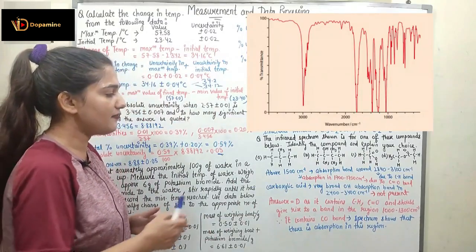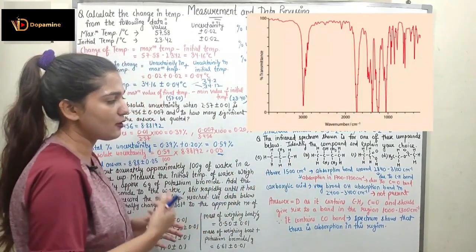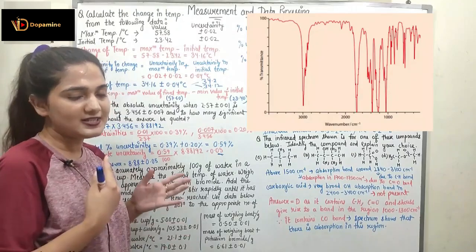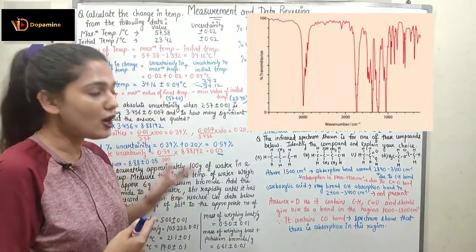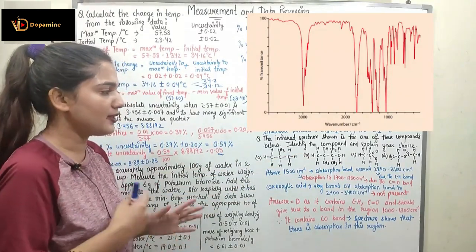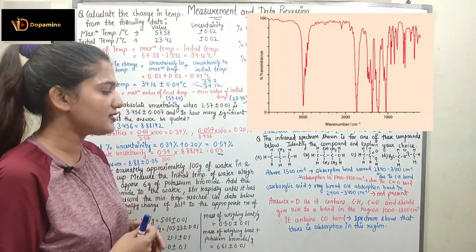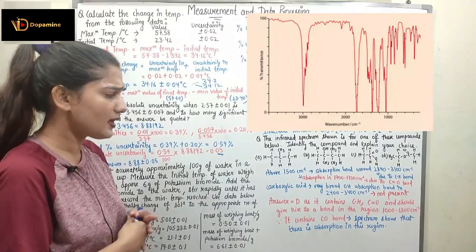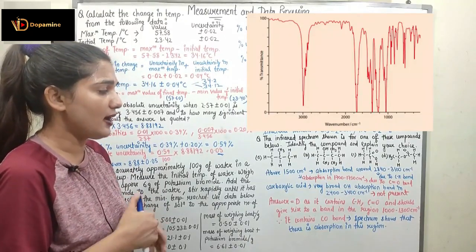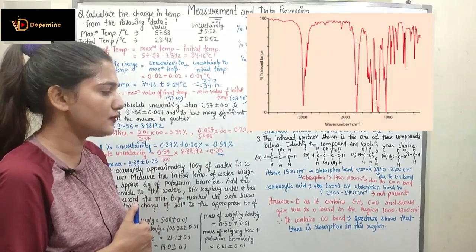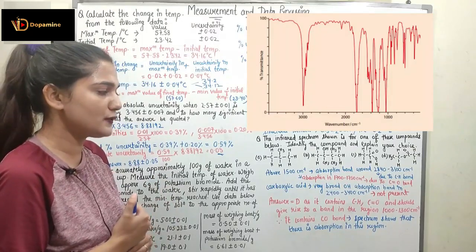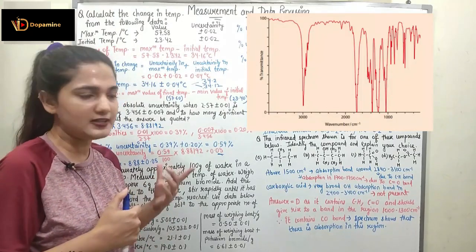Now we have eliminated options A and B because C-H bond is present but C=O bond is not present in both A and B. Now the C and D options are left, and if I see option C, the carboxylic acid has a very broad OH absorption band in the 2400 to 3400 cm⁻¹ region, which is not present in the given spectrum.